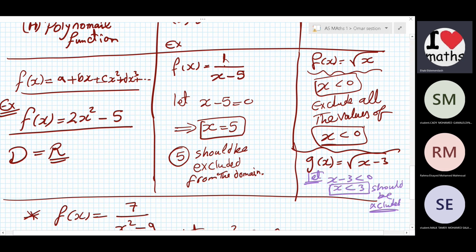Agreed? So I set x minus 3 smaller than 0, and every value that makes it smaller than 0 I will not accept. If I translate it, x minus 3 smaller than 0, I send the 3 to the other side, so x smaller than 3 should be excluded from the domain. Are we clear on that?